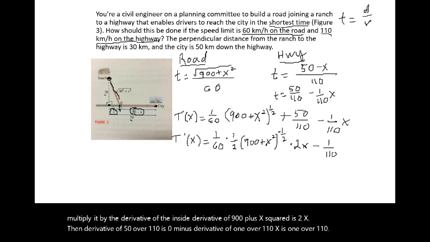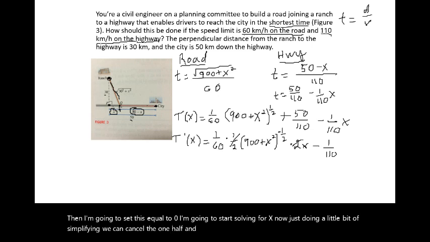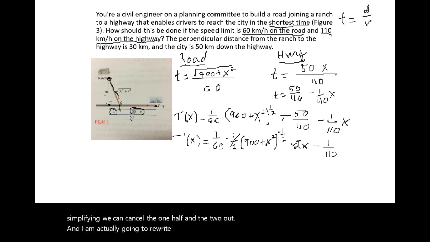Then I'm going to set this equal to 0, and I'm going to start solving for x. Now, just doing a little bit of simplifying, we can cancel the 1/2 and the 2 out. And I am actually going to rewrite this 900 plus x squared to the power of negative 1/2 as a square root in a denominator.